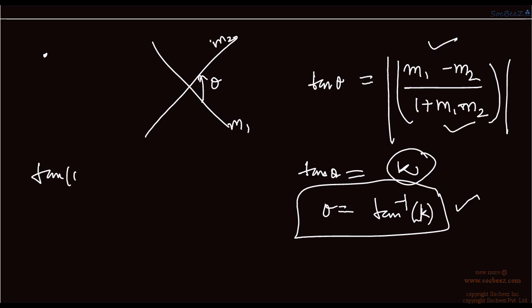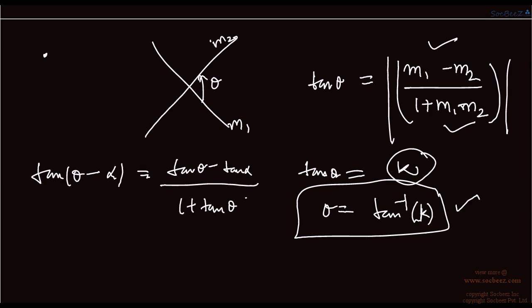This is just like the tan formula, tan of theta minus alpha, which is given by tan theta minus tan alpha upon 1 plus tan theta tan alpha. Here in theta minus alpha, let's say this line is making angle theta with the x-axis and this line is making alpha with the x-axis. These are the x-axis.